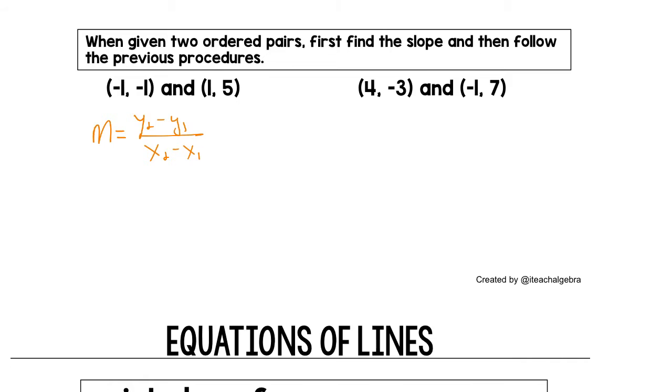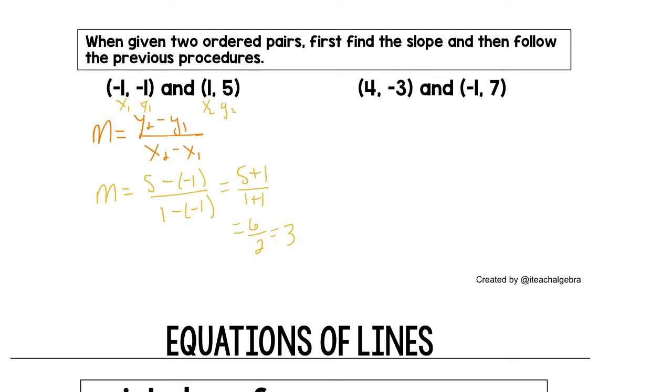So if I label these points x1, y1, x2, y2, I can fill in my equation. M equals 5 minus negative 1 over 1 minus negative 1. Simplify that. 5 plus 1 over 1 plus 1, that is 6 over 2, otherwise known as 3. That's the slope. That's all we're going to care about on these right now.